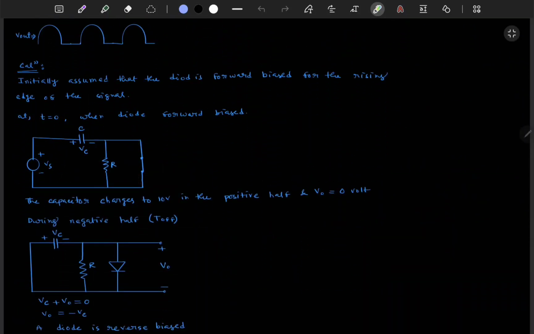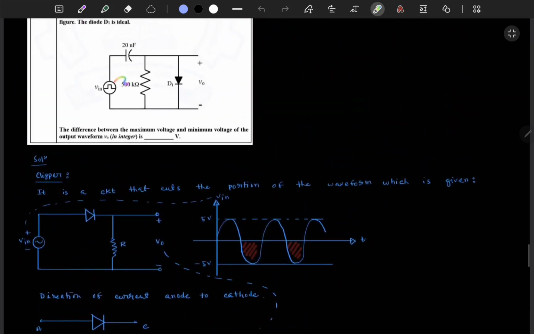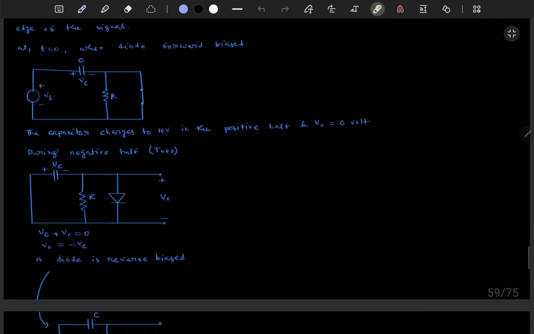At t equal to 0, when the diode is forward biased, the capacitor charges to 10 volt in the positive half and VO is 0 volt, because there is no voltage drop as it is shorted. The capacitor will charge up to whatever the input voltage is in the positive cycle, that is 10 volt.